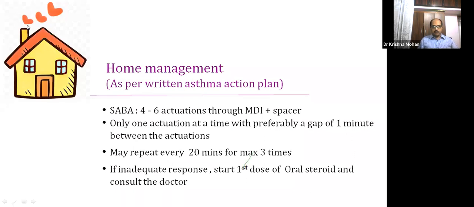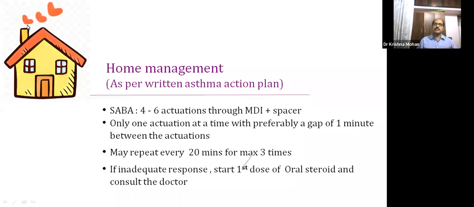And what is advised to be done at home when you get an acute exacerbation is to give 4 to 6 actuations of short-acting beta agonist through an MDI with spacer. You can repeat it a maximum of 3 times at 20 minute intervals. And remember, if even at the end of 1 hour you are not getting an adequate response, you can start giving the first dose of oral steroid.